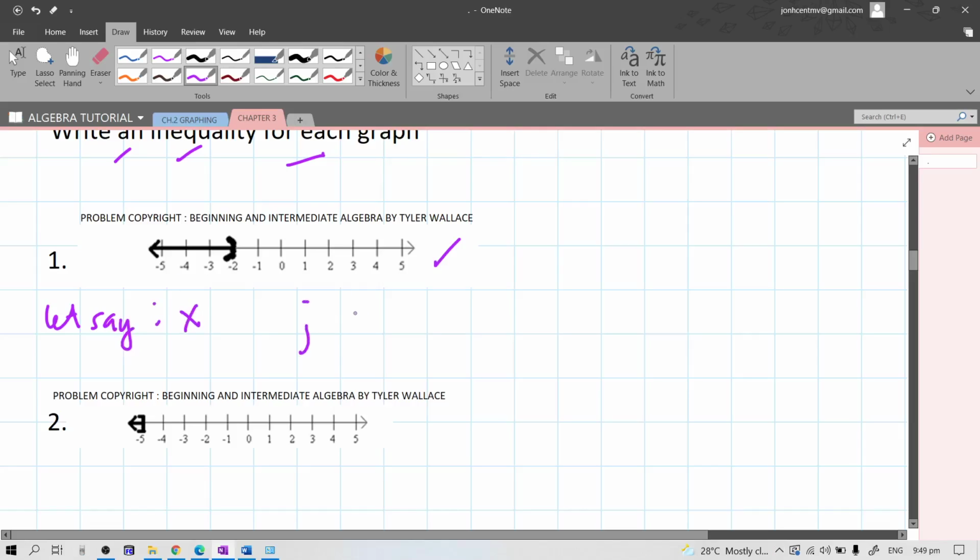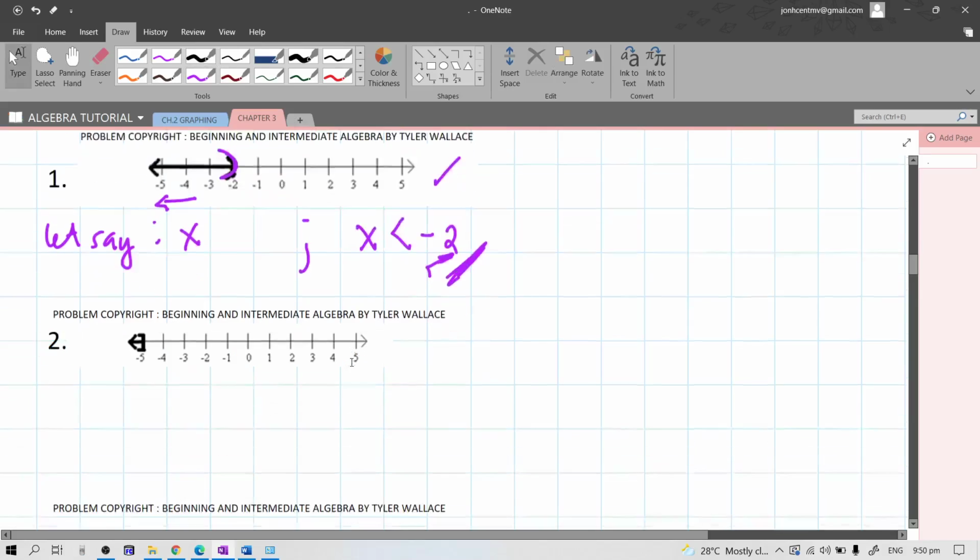So that is x is less than negative 2. We all know that this graph is going to the lesser of negative 2, so mas mababa kay negative 2, and since this is parenthesis, that is either less than or greater than. So this is the answer.